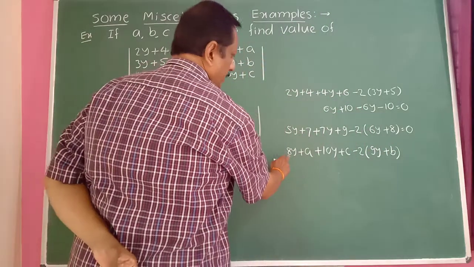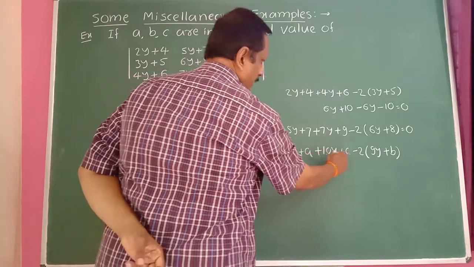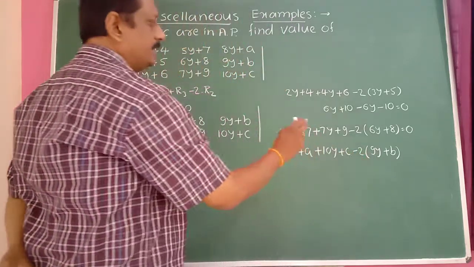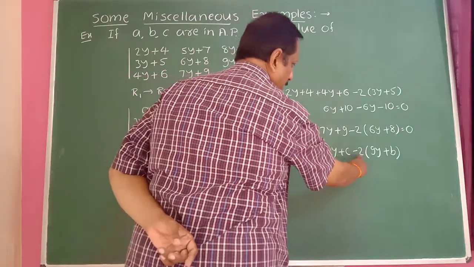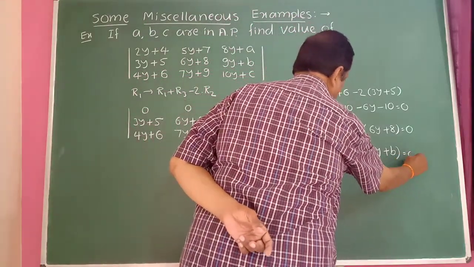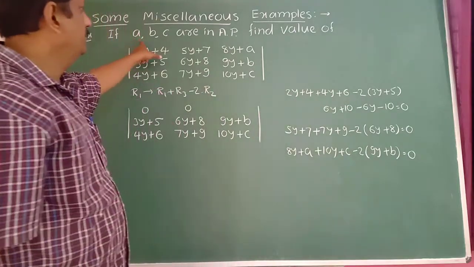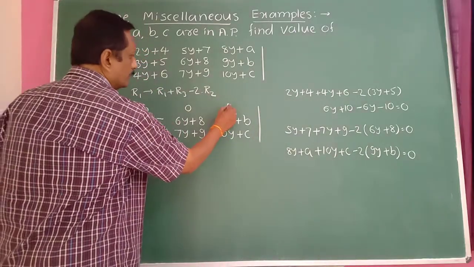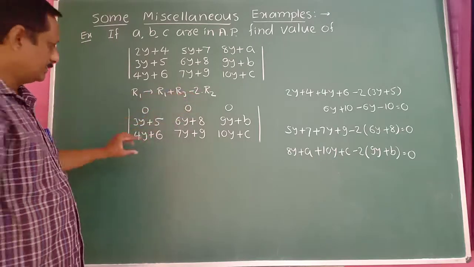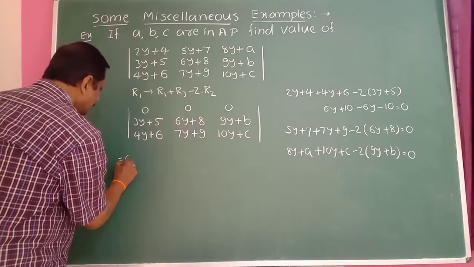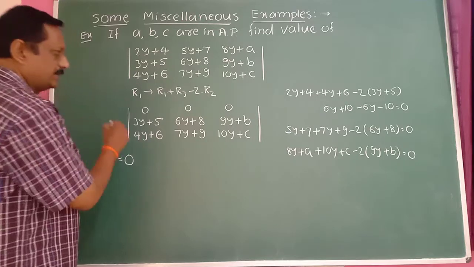Therefore 8y plus 10y is 18y, and 9 2s are 18, so they cancel. Then a plus c minus 2b becomes 0, because a, b, c are in AP. So the first two elements are 0. Yes, the value of the determinant is 0. So 0 is the answer.